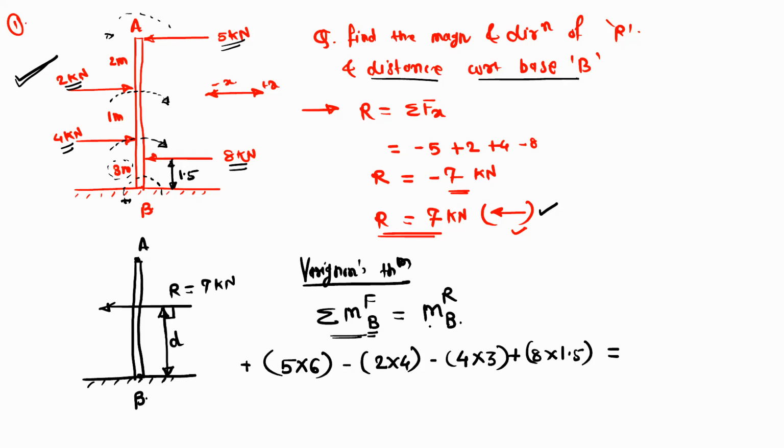So equate this answer with the moment by the resultant about the point B. So for the resultant moment, observe the second diagram, that is the resultant diagram. So the resultant is 7 kilonewton into its perpendicular distance, that is d. So d is unknown, and this moment is in the anti-clockwise direction. So this is positive. So you can find out the distance d.